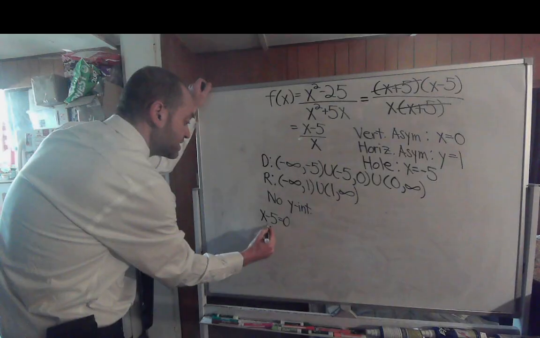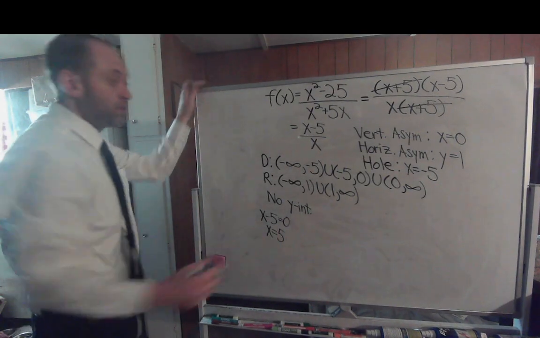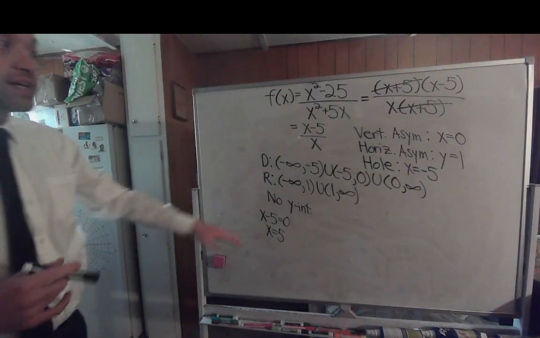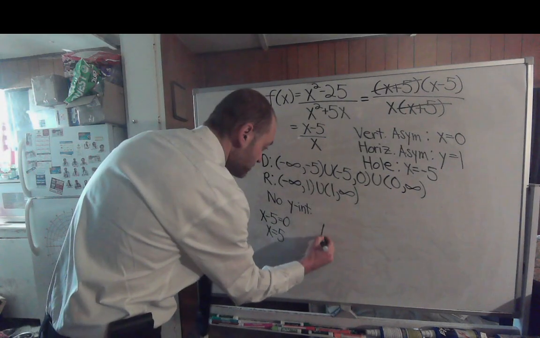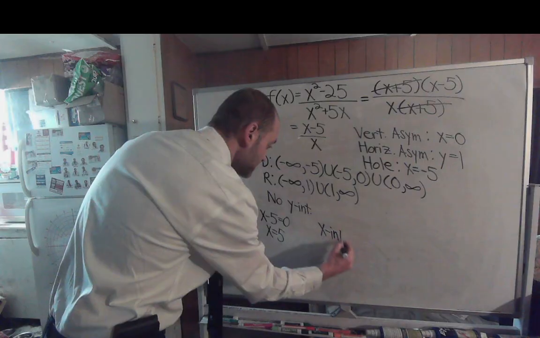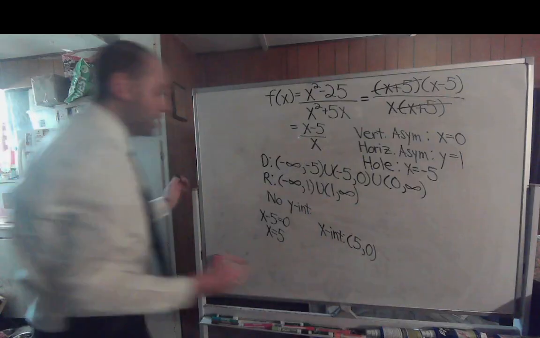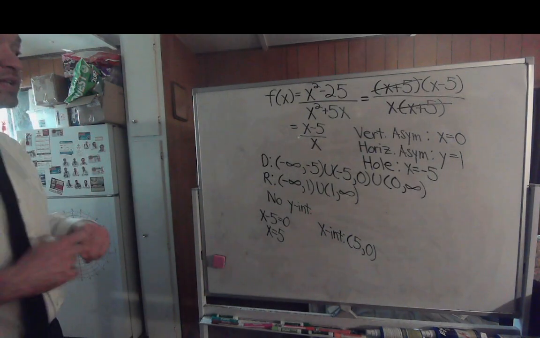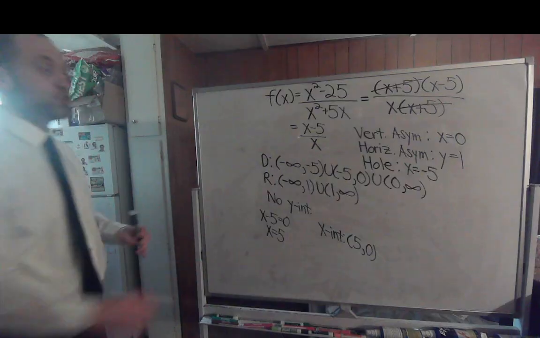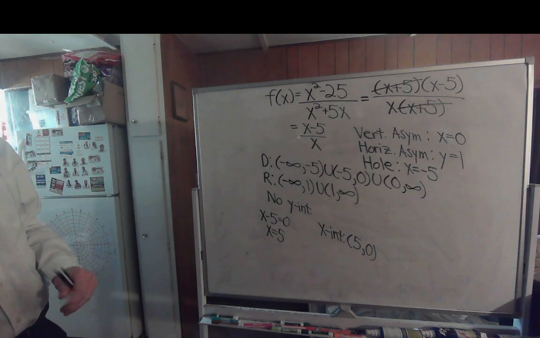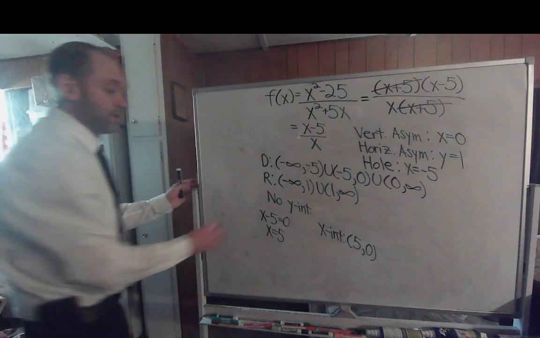You would get x equals 5. Well, it is defined at x equals 5, so you do have an x-intercept at 5, 0. All right, last but not least, let's move on to when the degree of the numerator is greater than that of the denominator.